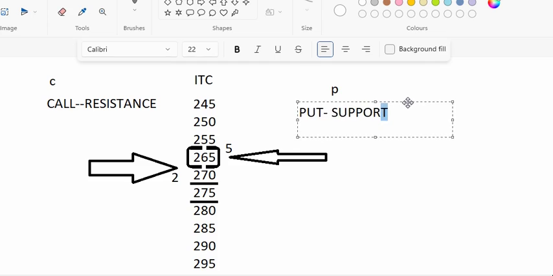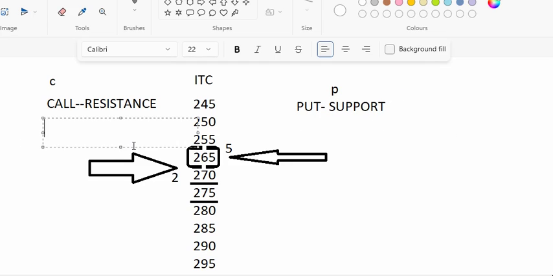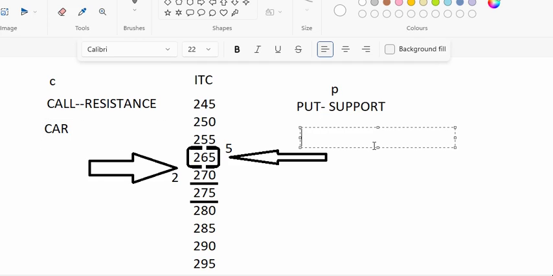Call is equal to resistance, put is equal to support. The easiest way to remember is call as resistance, put as support. Put and call.